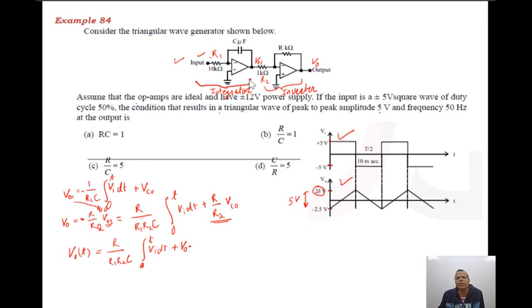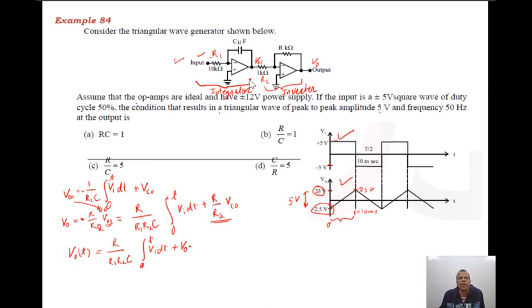Now please see this part of the circuit. What is the initial voltage? This is minus 2.5 volt. And what is this time? T equal to 10 millisecond, and at t equal to 10 millisecond, what is the output voltage? 2.5 volt. And from 0 to t equal to 10 millisecond, what is the input voltage? 5 volts.